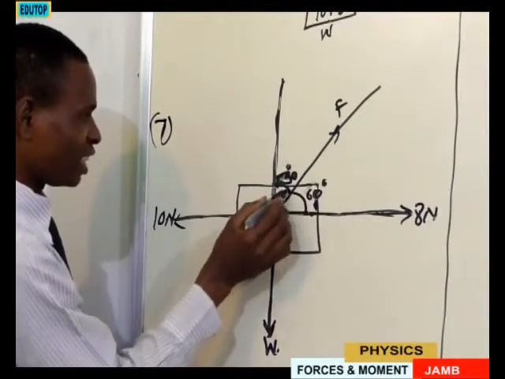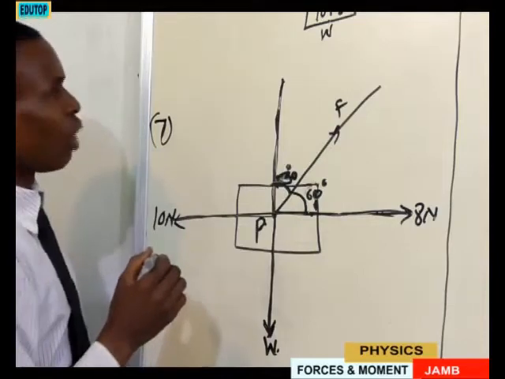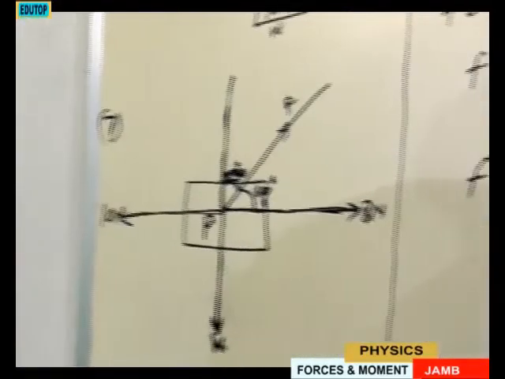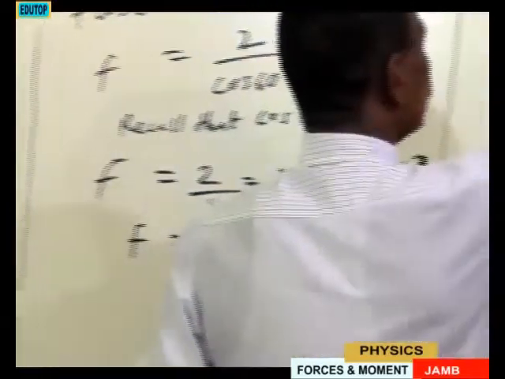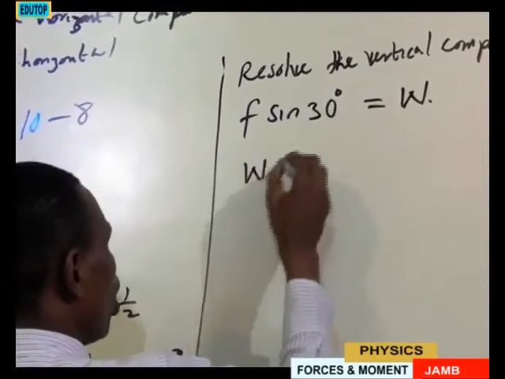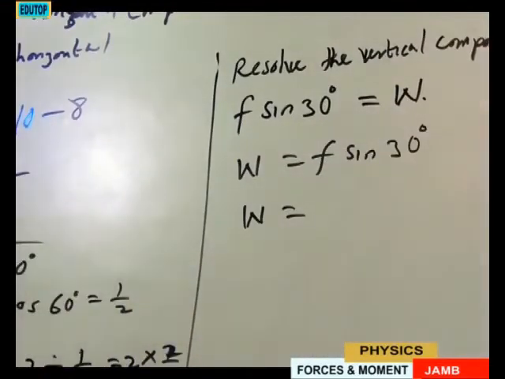So F sine 30 degrees will be equal to the weight, and we have gotten the value of F, which is 4.